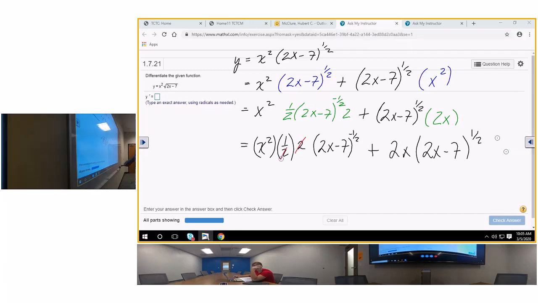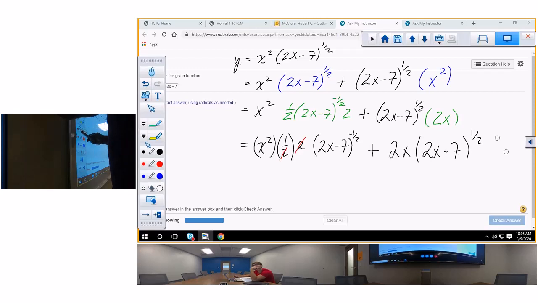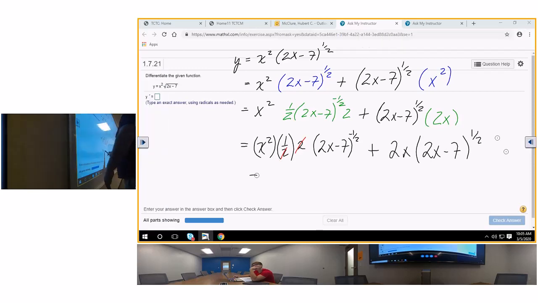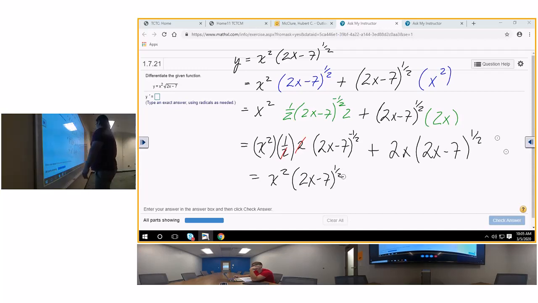And we've got x squared times 2x minus 7 to the negative 1/2 power plus 2x times 2x minus 7 to the 1/2 power. Now, at this point, you could say this is the answer.